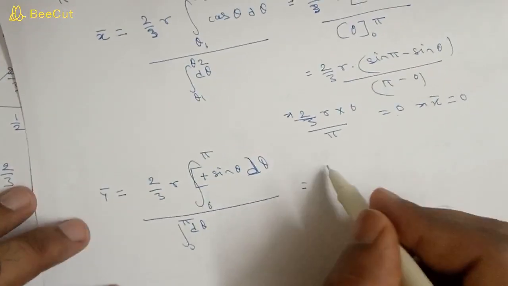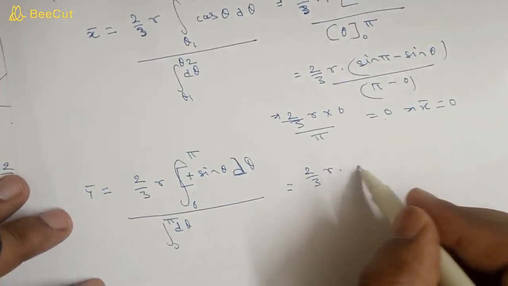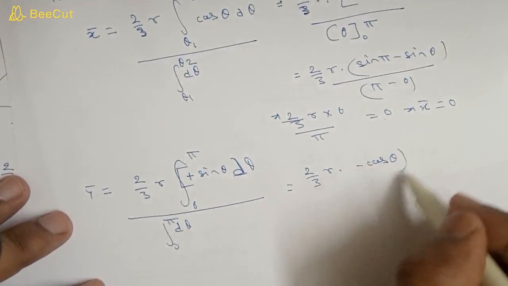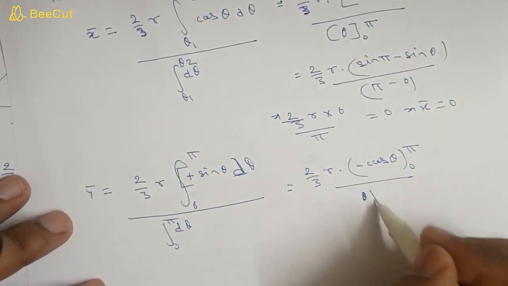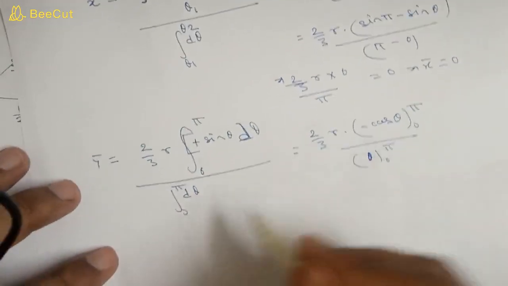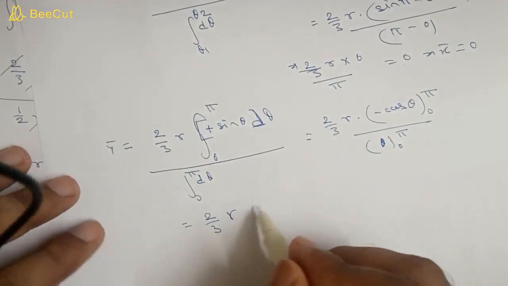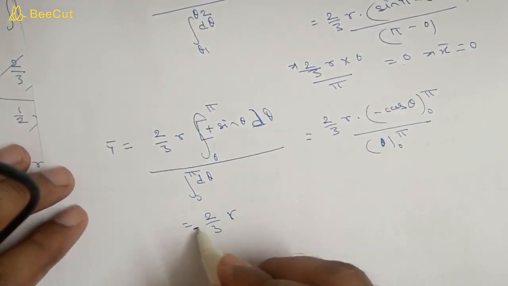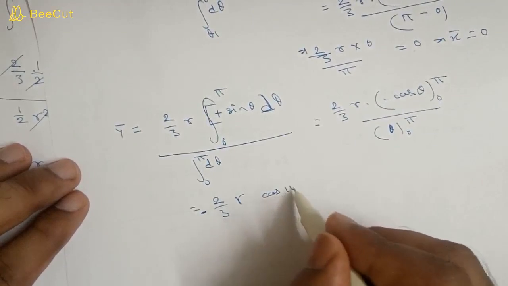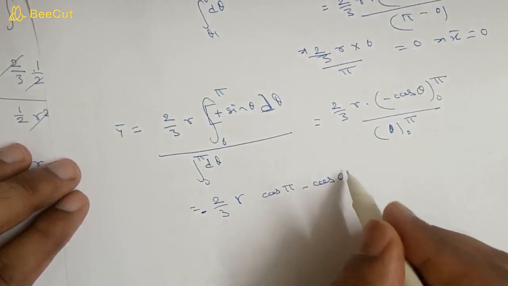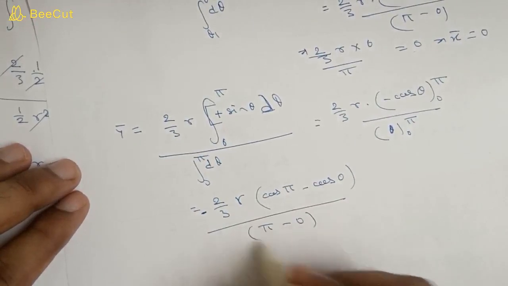We will get 2 by 3 r into the integration of sin theta, which will be minus cos theta from 0 to pi, divided by theta from 0 to pi. So we will have 2 by 3 r, and we take the minus out of the bracket, cos pi minus cos 0, divided by pi minus 0.